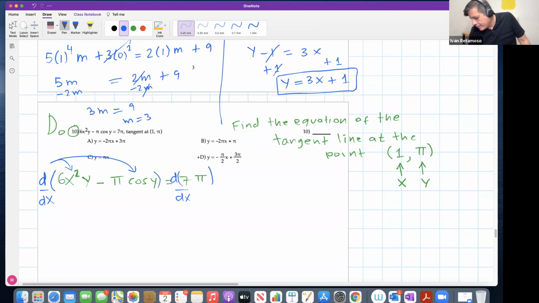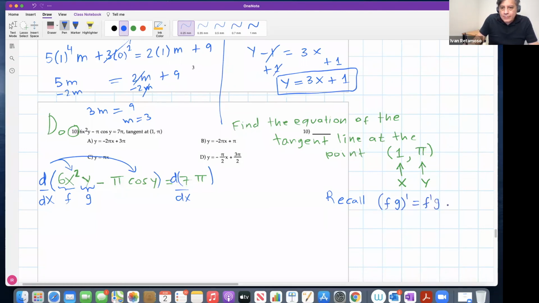The hint here for this part should be, in order to use the product rule, you have to call this F and represent this with G. I probably have to recall: derivative of f times g equals derivative of f times g plus derivative of g times f, right? Yeah, use that.